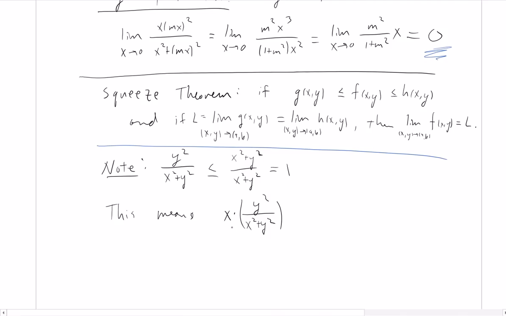So it's x times something smaller than 1. So that means its magnitude is smaller than that of x itself. Since we start with x and multiply by some fraction that's smaller than 1, it gets smaller. So it's between 0 and x.